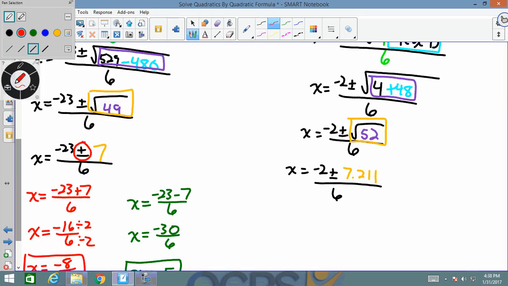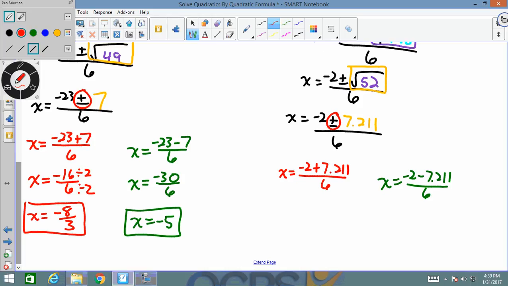Okay, then because we have this plus or minus, we're going to split, so it's x equals negative 2 plus 7.211 over 6. And x equals negative 2 minus 7.211 over 6.